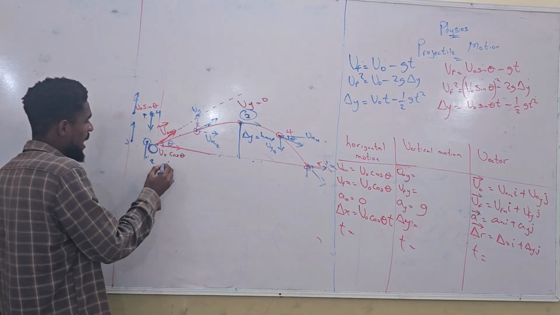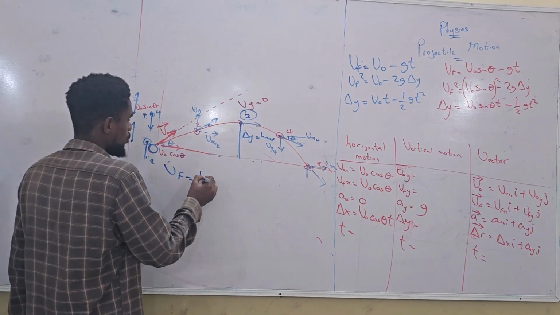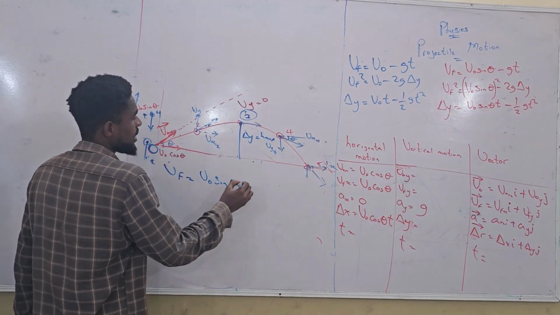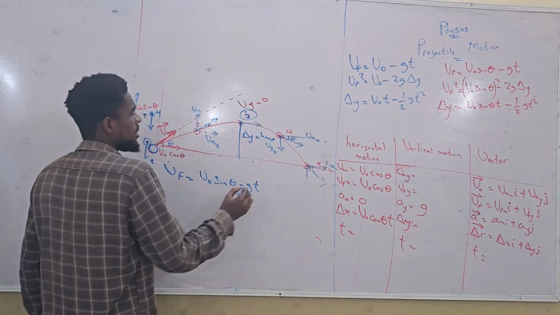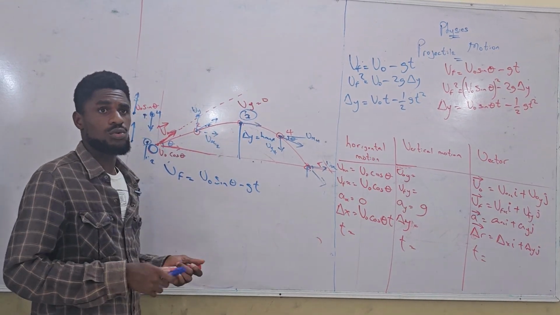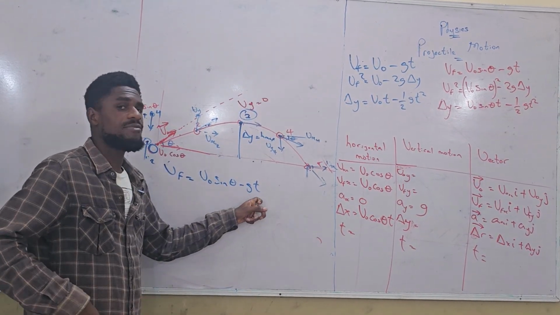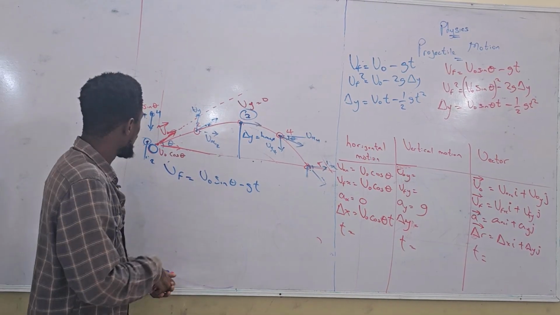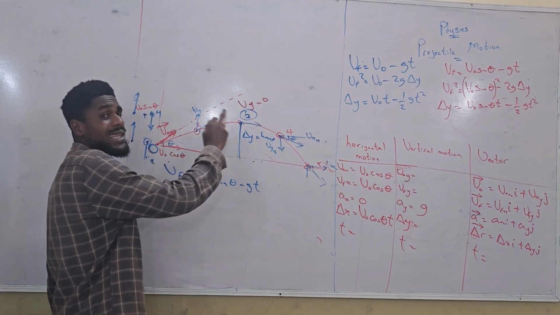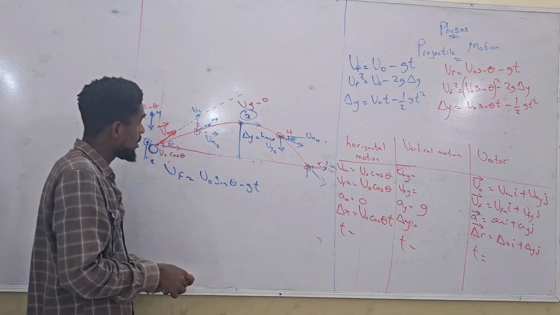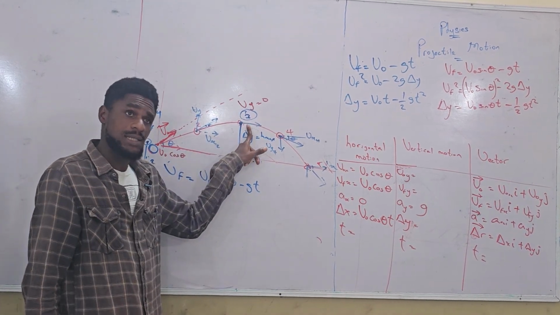So for equation 1, we have Vf is equal to V naught sine theta minus Gt. Now, there's something we need to note. The t value we're using here will simply be from point 1 to point 3. Remember, point 3 is my maximum height.